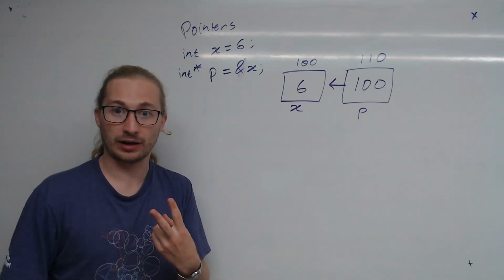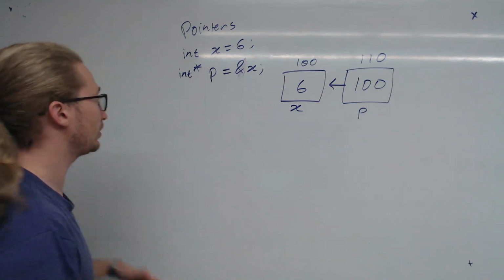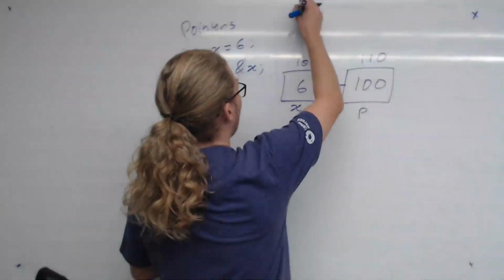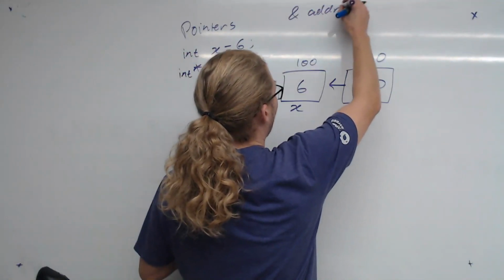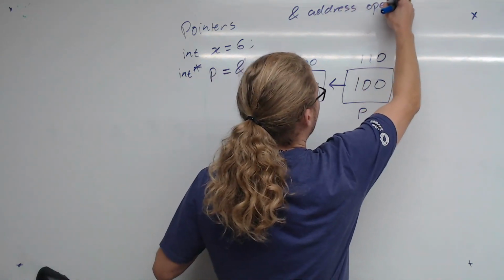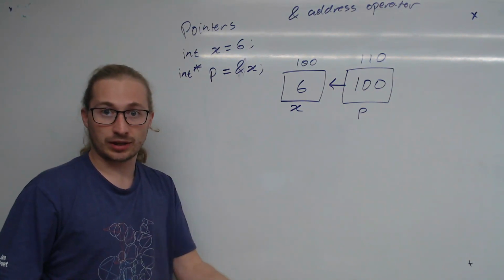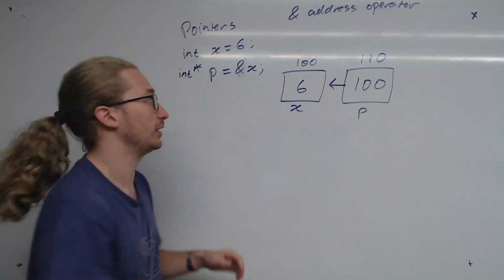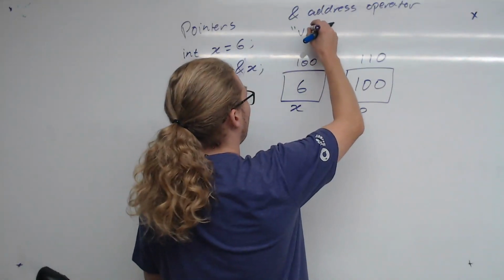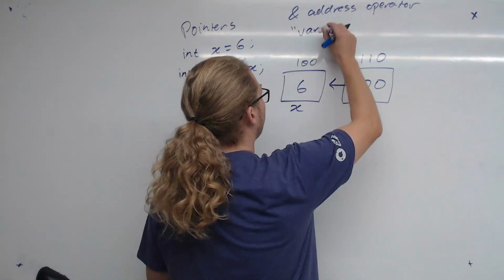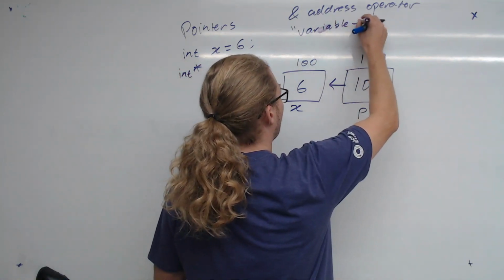There are two main operators in C when it comes to dealing with pointers and memory addresses. There is the address operator, and the address operator basically takes a variable and tells you where it lives. So you can think of this as broadly a variable to address.